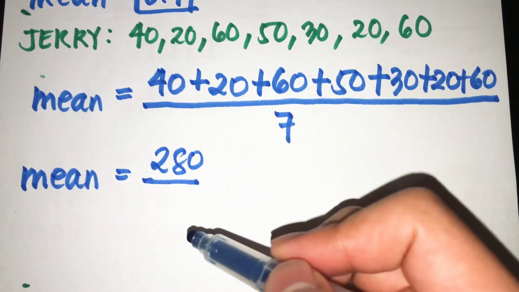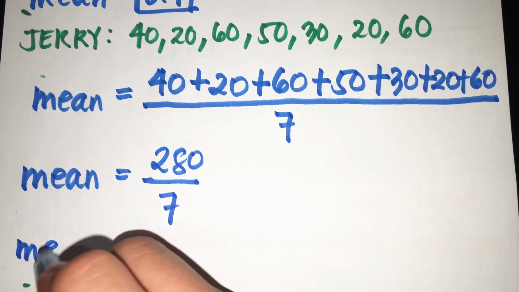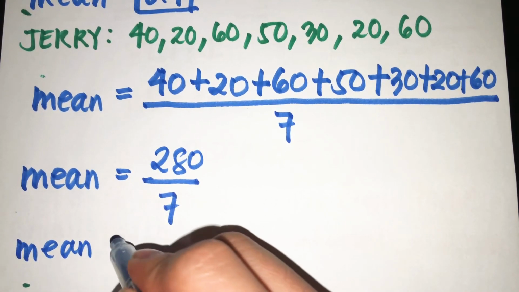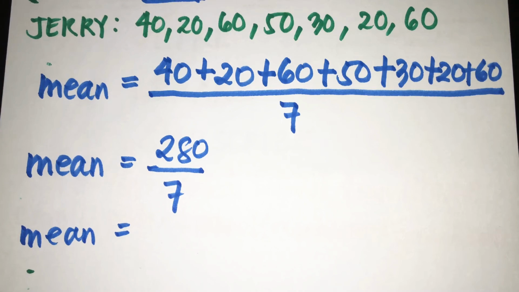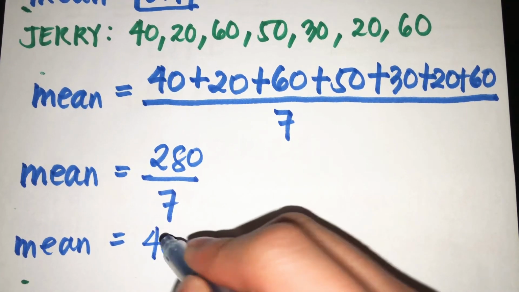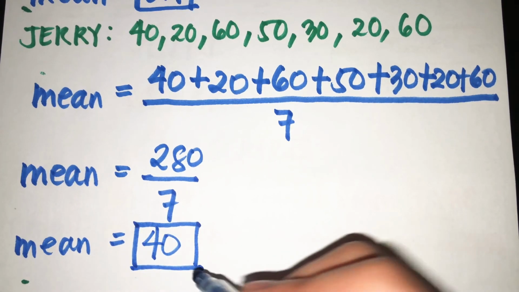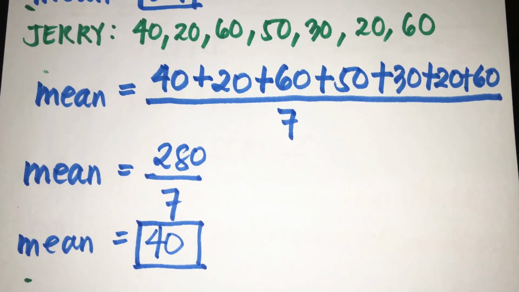Then divided by 7. The mean now is equal to, now 280 divided by 7, it is equal to 40. So the average now, the mean now for Jerry's score is 40.